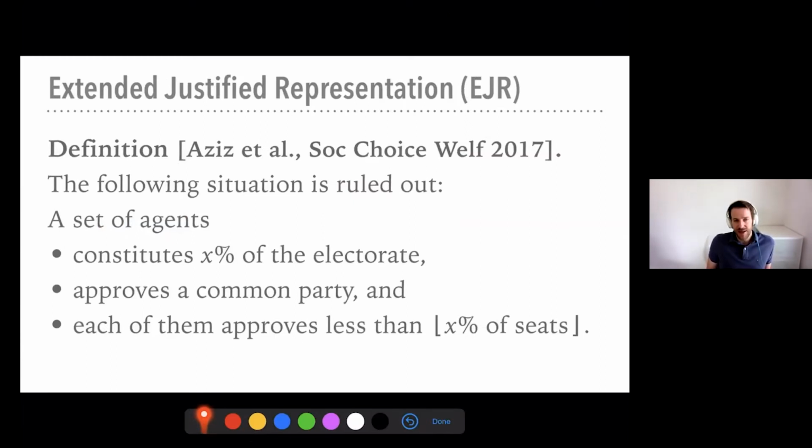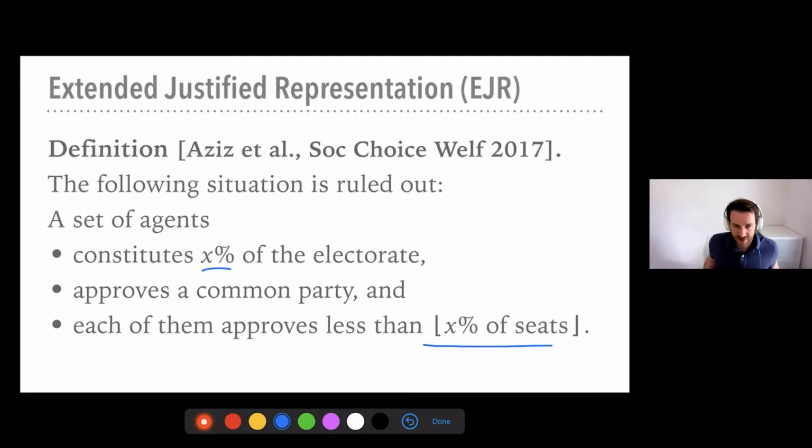It should not happen that we can find a set of agents who constitute X% of the electorate, who are cohesive in the sense that there's at least one party they all approve in common. So there is some way of making them all happy at the same time by one party. But nevertheless, each of those voters approves less than X% of the seats in the committee.